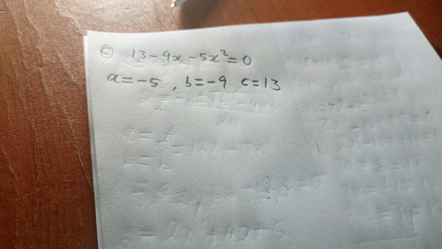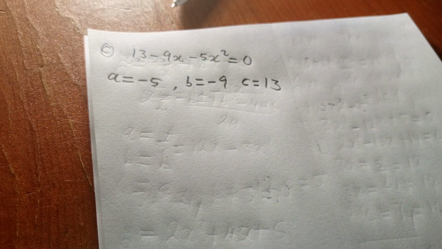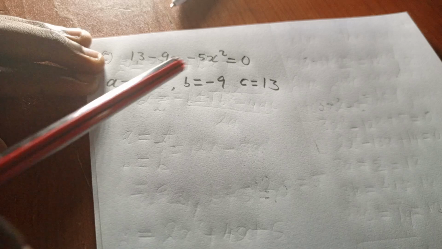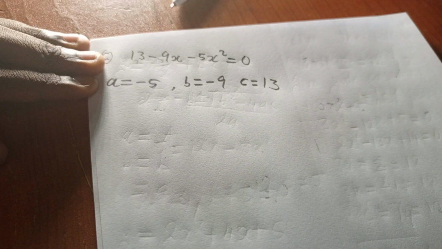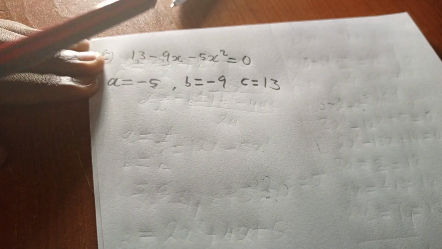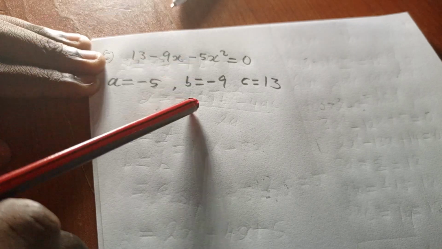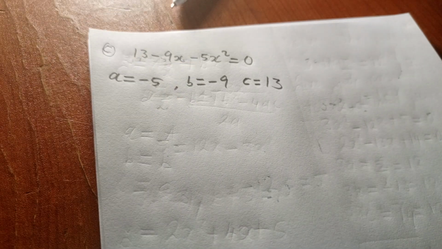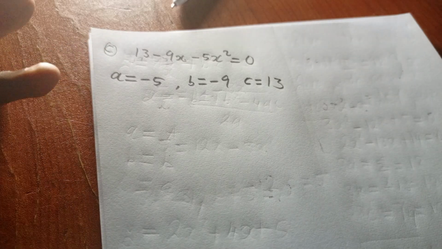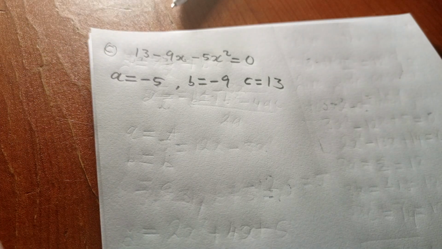So just make sure that you know the coefficient of x squared is always the a. The coefficient of x is always the b. And the one that doesn't have an x there is always the c, the constant.